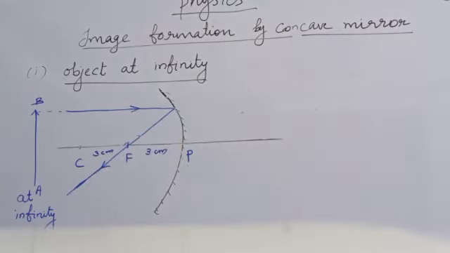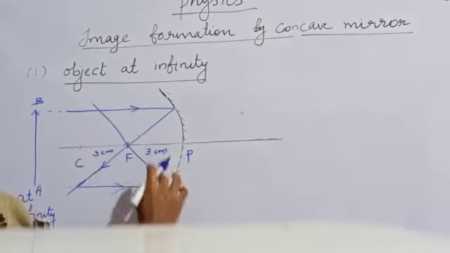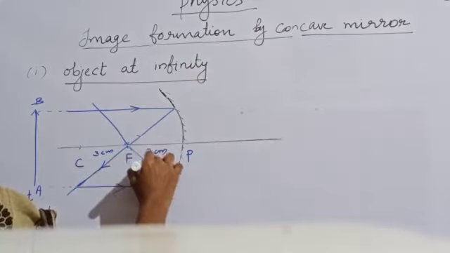Now, one more ray is needed to get the image position. That reflected ray must intersect with this first reflected ray. So we can draw one more from the bottom part, and here a light ray is coming parallel to the principal axis. After reflection it will go to the same principal focus.